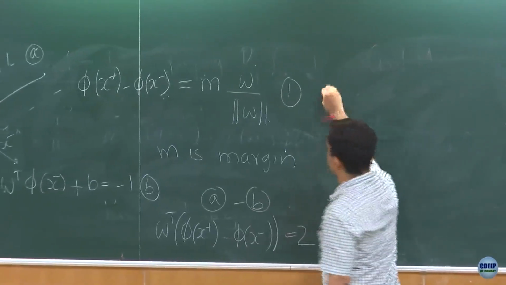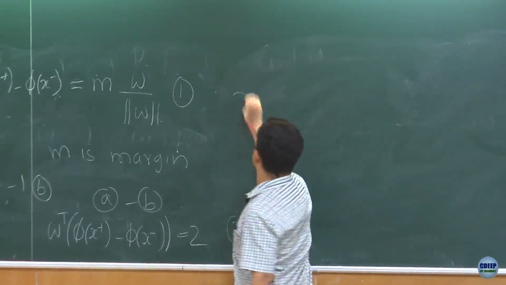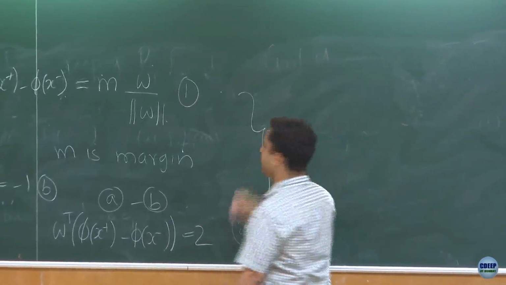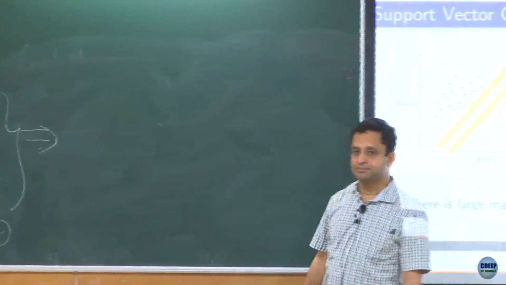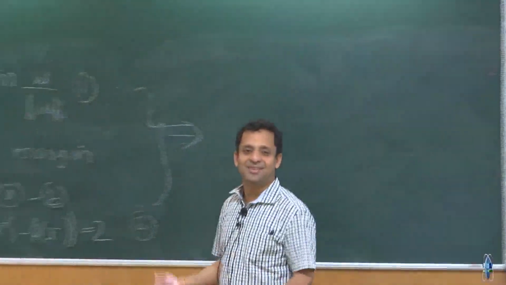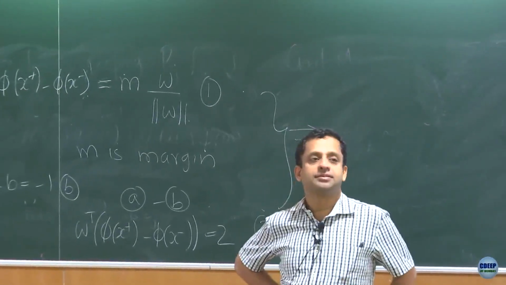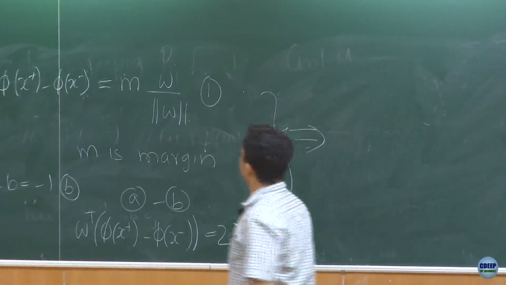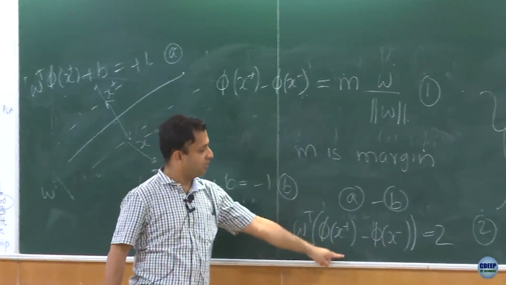So this is equation 1 and this is equation 2. What happens when I combine them? You get equation 3. Substitute this difference, m w divided by norm w, here.